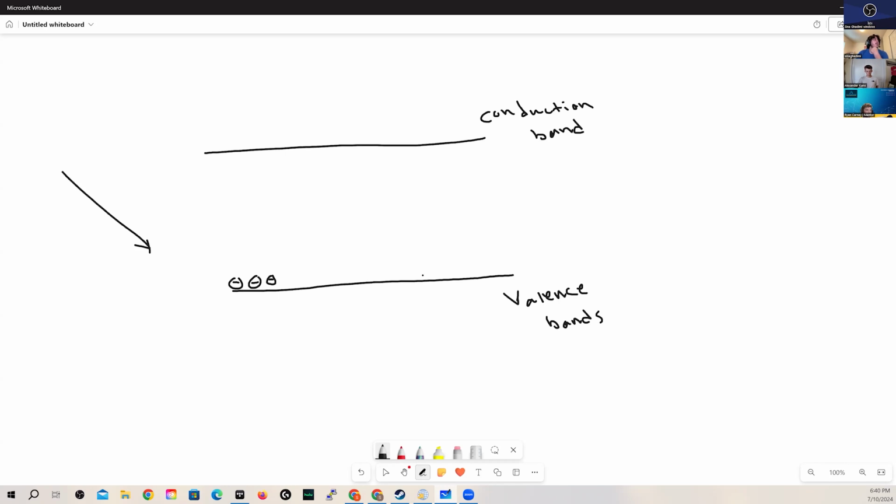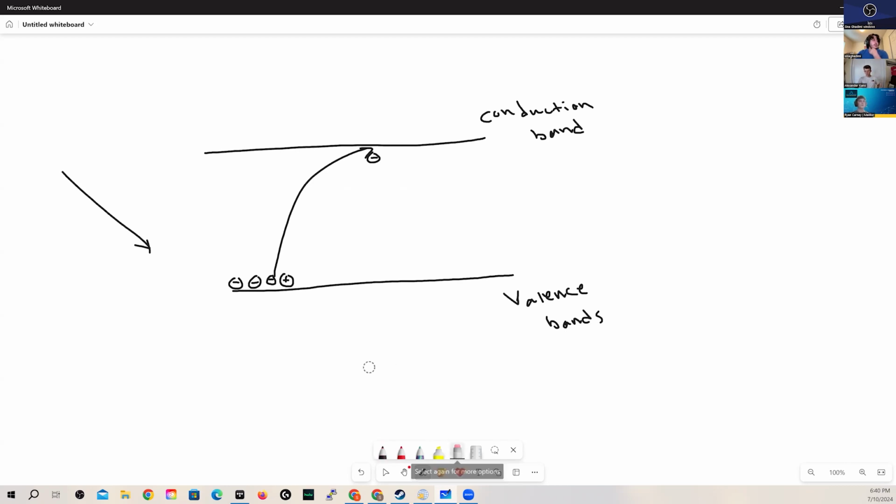Yeah. If we put energy into it, one of these electrons might jump. There's not a 100% chance; later on, you're going to learn there's a probability of them jumping. But they're going to move to the conduction band. So if an electron comes here, the empty spot is a hole, which has a positive charge.